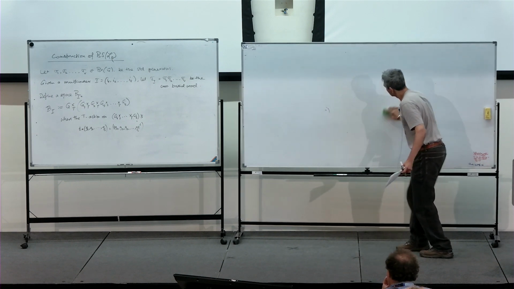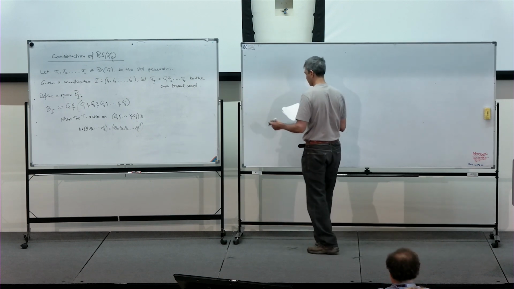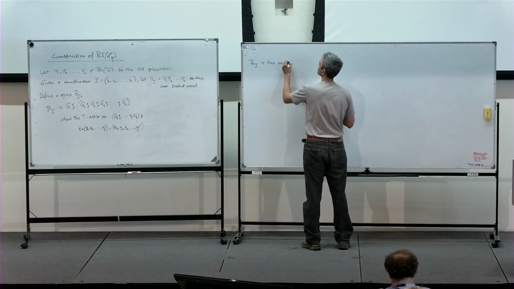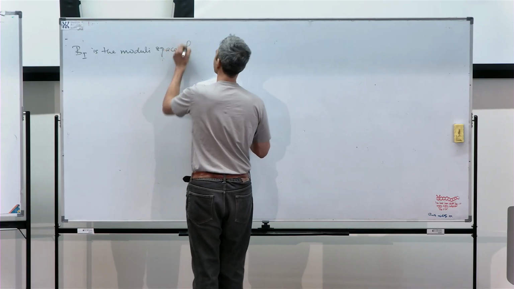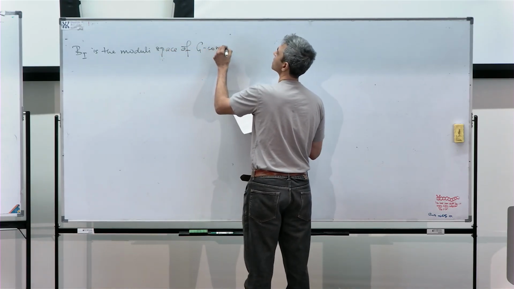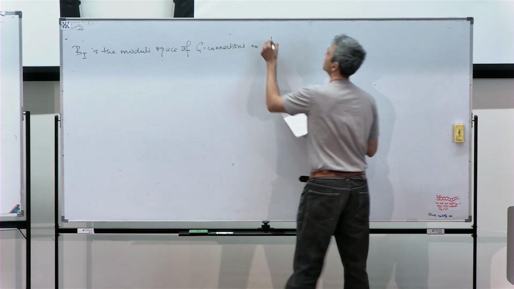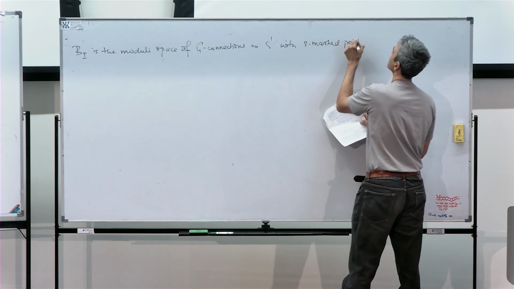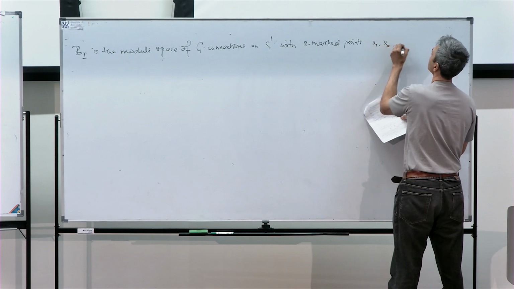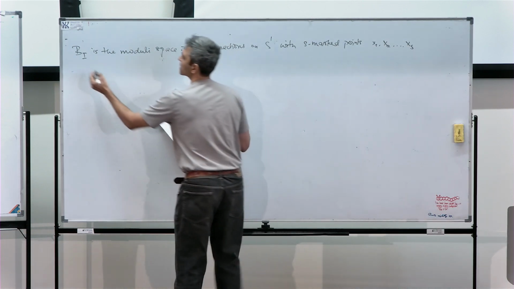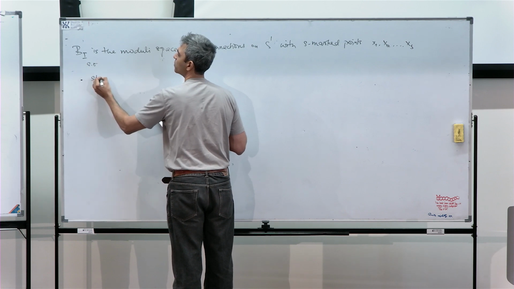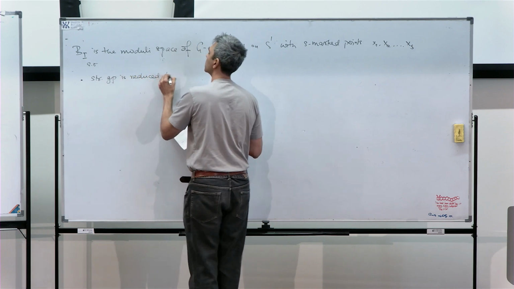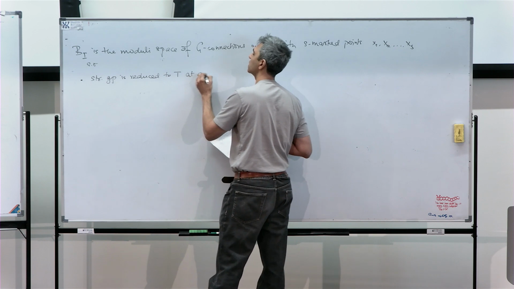B sub I is the moduli space of G connections on S1 with S marked points, let's call them X1, X2, up to XS, such that the structure group is reduced to T at each marked point.